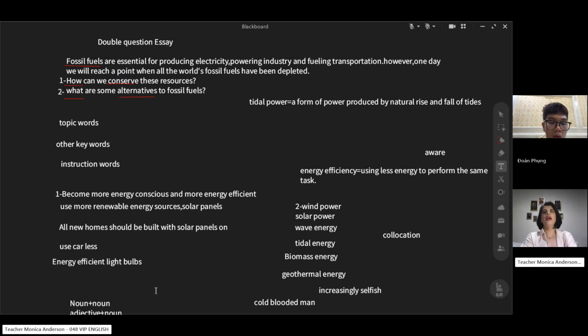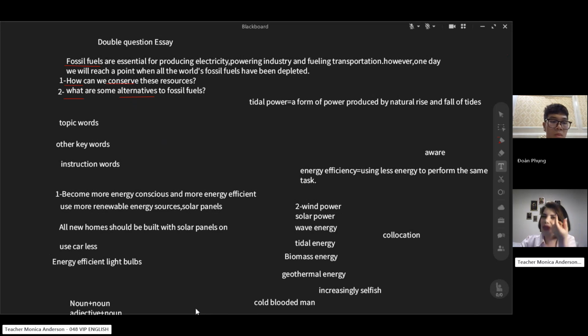So I think we can say the first one, how can we conserve? Now I don't need to paraphrase again because I did it. Now it's easy. As you can see: conserving energy is a responsibility of every individual and an important way in which we can all do our bit.